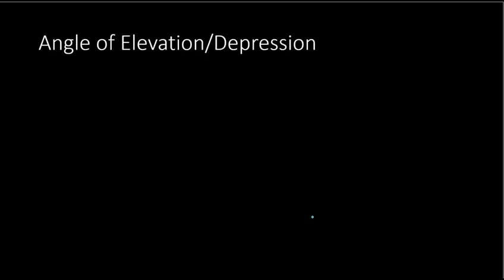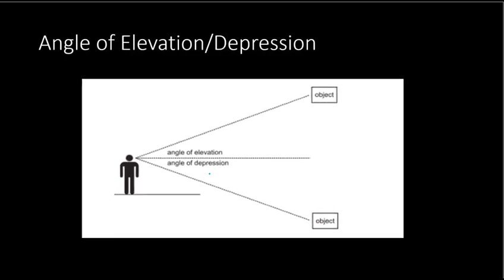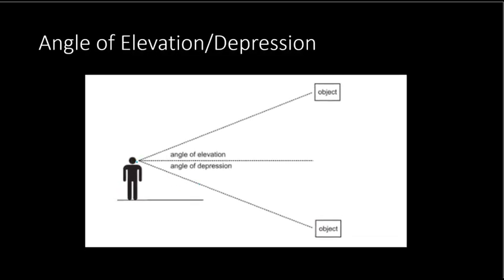So let's say we have a person, looking across horizontally. And let's say he's looking up into the sky and there's some object up here. The angle between the horizontal line of sight and going up to the object is called the angle of elevation.